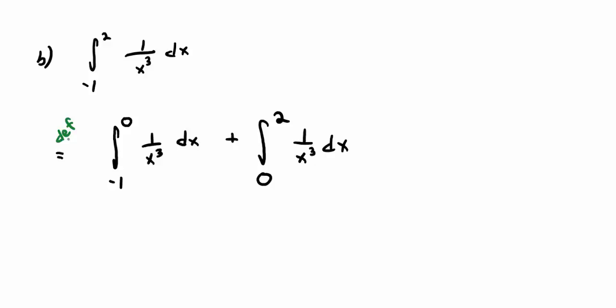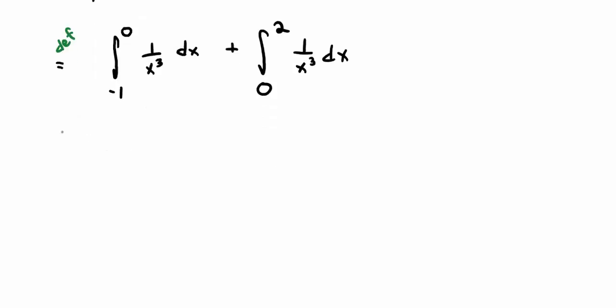You don't have to evaluate both of them. I happen to know something about this that's going to make this problem a little bit shorter. I'm going to evaluate this integral first, and then if it converges, I'll go ahead and evaluate the other one. If it doesn't converge, I'm going to stop, because if one of them doesn't converge, then the entire integral does not converge.